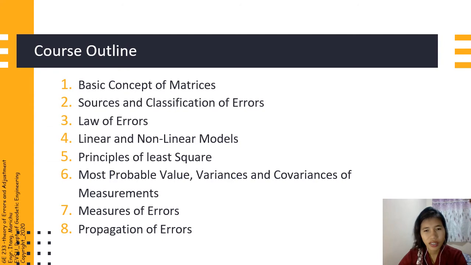For the classification of errors, we have the mistakes, the blunders, the different types of errors. We have the systematic and random errors. Number 3, the law of errors. We have the linear and nonlinear models. We have the principles of least squares, MPV, the variance and the covariances, measurement of errors, and propagation of errors. Okay?